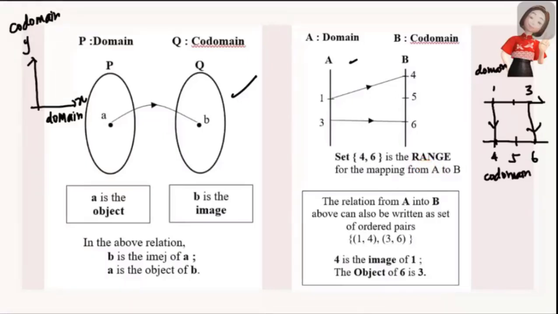If there is an image but no object, the image is not considered part of the range. It is not in the range because it has no object, no mapping from an object. So the range answer is 4, 6 only. So you see the difference: the domain is all values on the x-axis, the codomain is all values on the y-axis, the object is on the left and the image is on the right. If there is no object, it is not in the range.